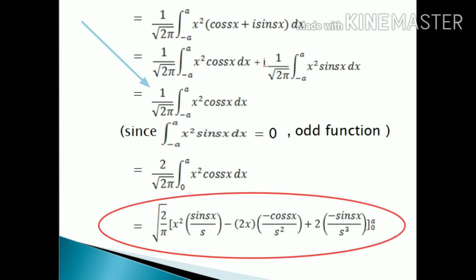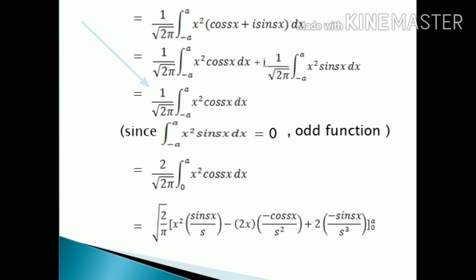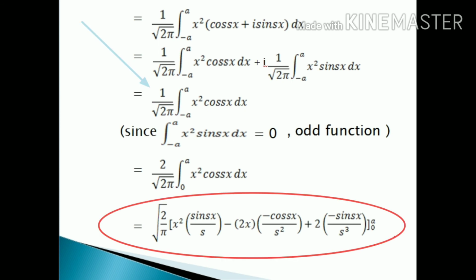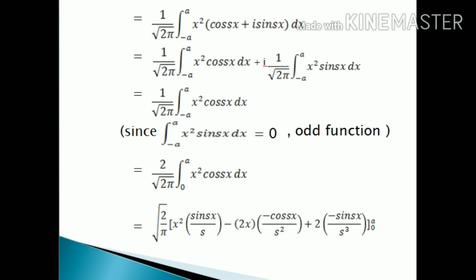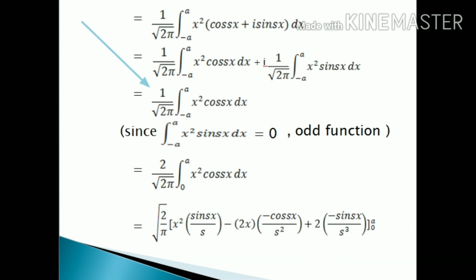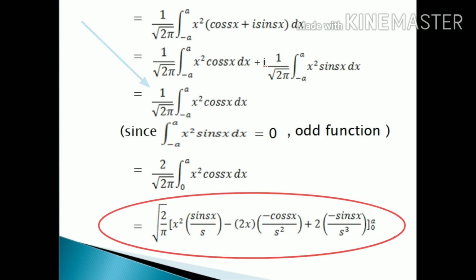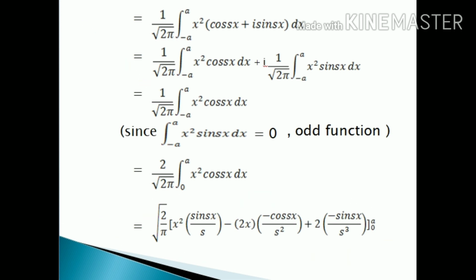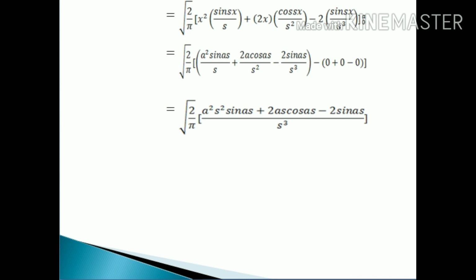Plus the differentiation of 2x, which is 2, and once again we have to integrate this term: already one minus is there, the integration of cos sx is sin sx by s, and already s squared is there, that's why we put s cube. So simply we have to change the signs and substitute the upper and lower limits.